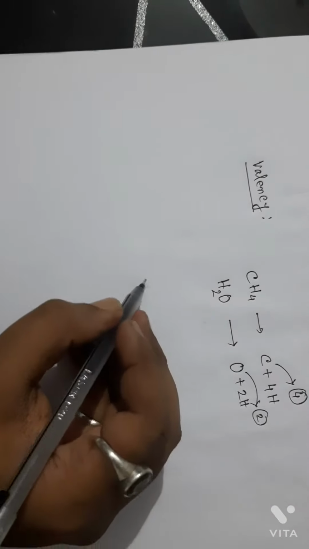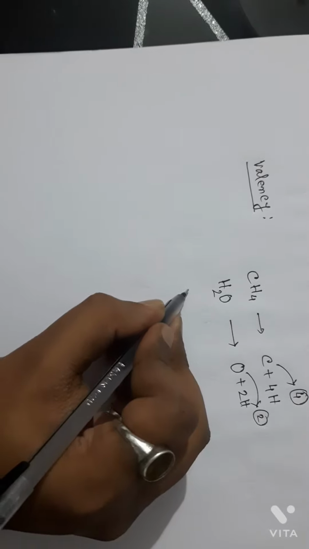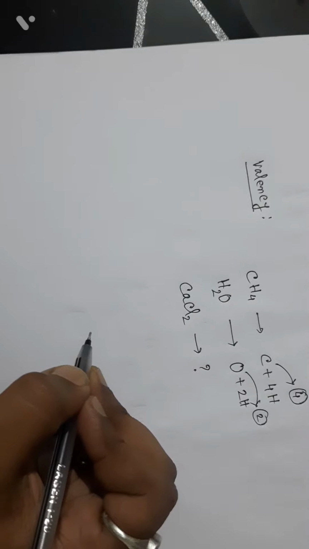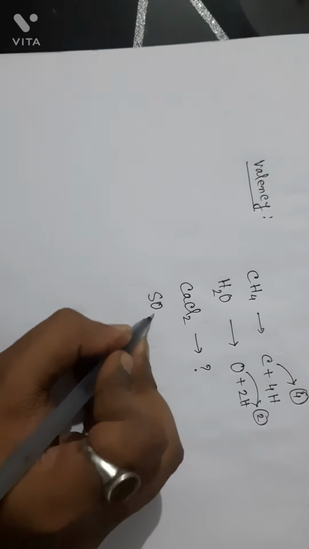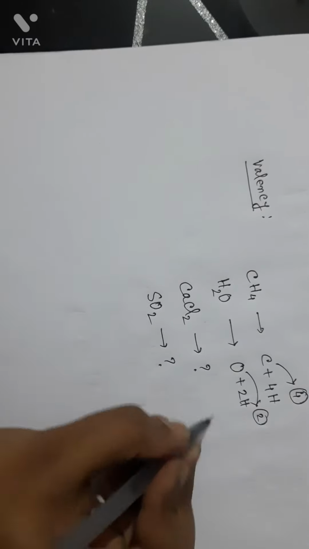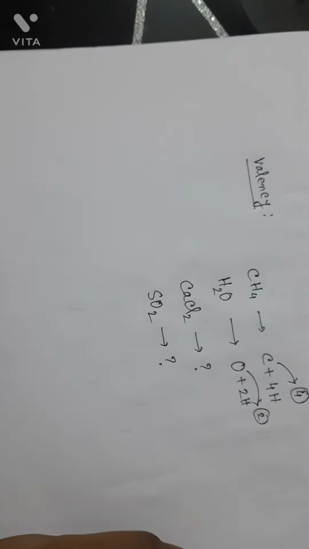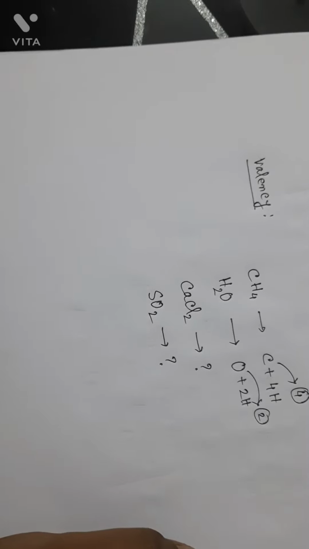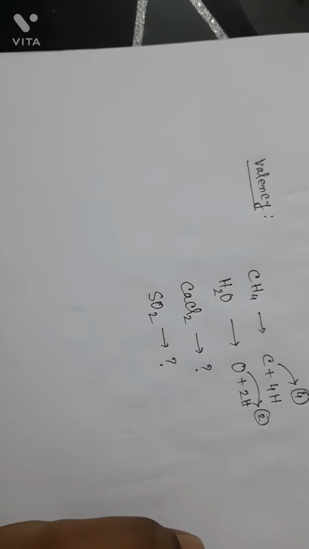But what about calcium chloride? What about sulfur dioxide? These types of compounds have no hydrogen, so we cannot represent the valency through the number of hydrogen atoms. So here the concept is the number of electrons engaged during bond formation if it is covalently bonded.